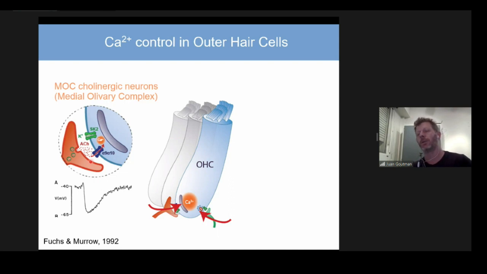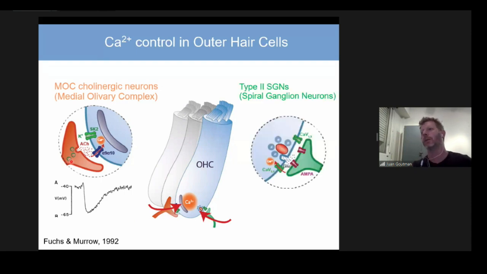I shouldn't forget to mention that another important aspect of this synapse is the presence of this very important cistern that is present right next to the outer hair cell membrane, and I will show some electron microscopy images in a second. So on the one hand, there's calcium influx through the MOC synapse. On the other hand, I want to mention this other synapse with the so-called type 2 spiral ganglion neuron.